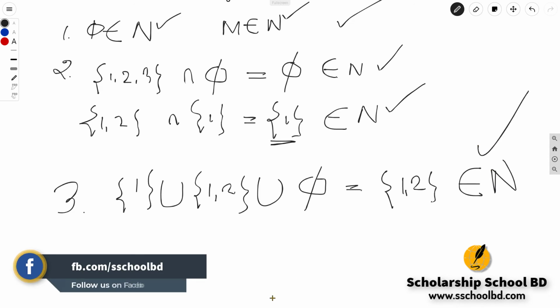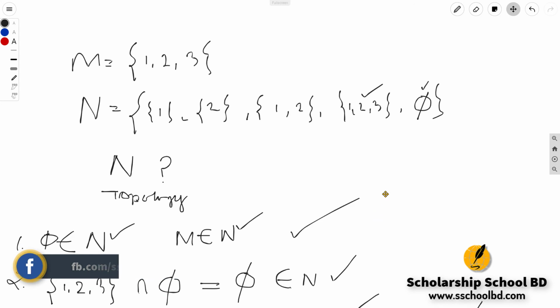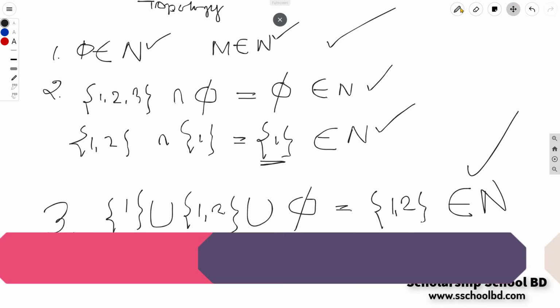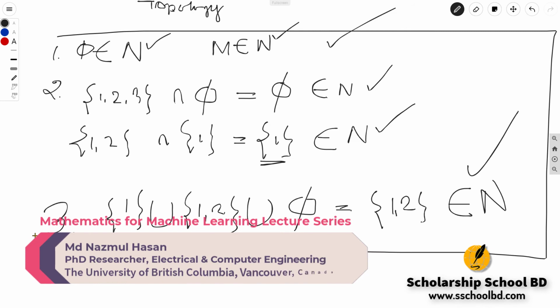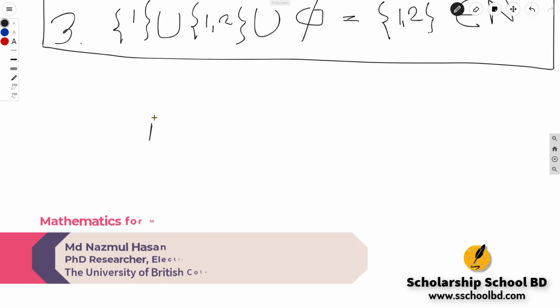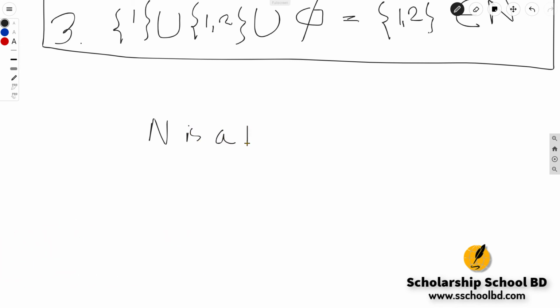So that means our third axiom is also satisfied. You can check for the other elements as well. Since all the axioms are satisfied, I can say that n is a topology of M.